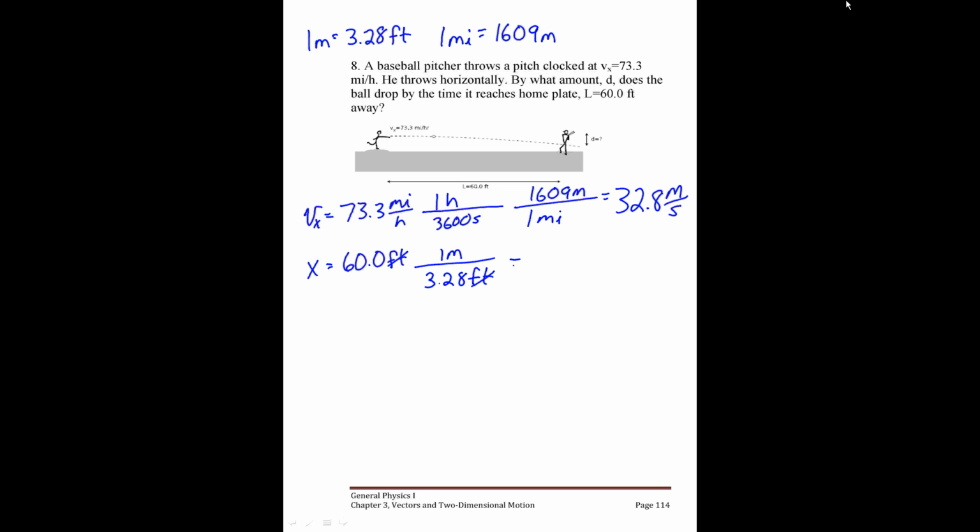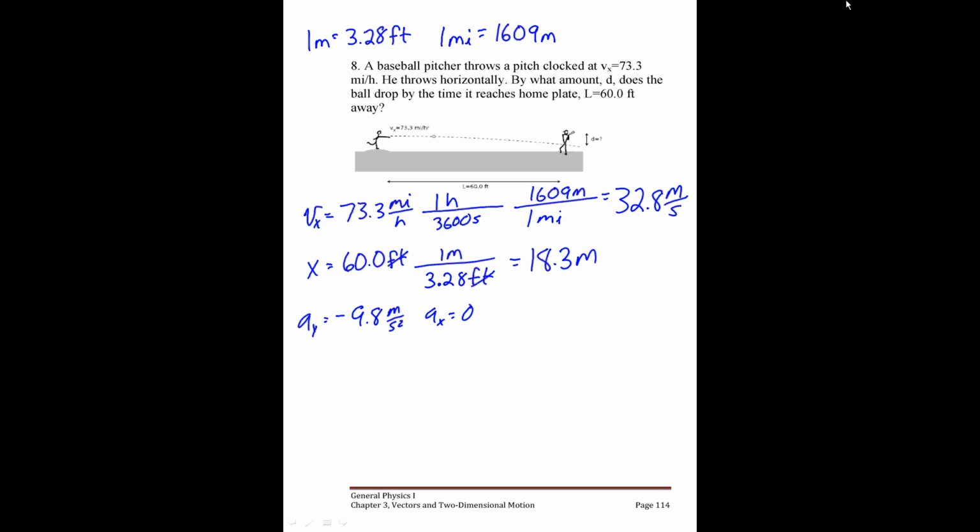Feet cancel. And that gives me 18.3 meters. All right, so that's the Vx and x that we know. We also know Ay is minus 9.8, and Ax is 0.